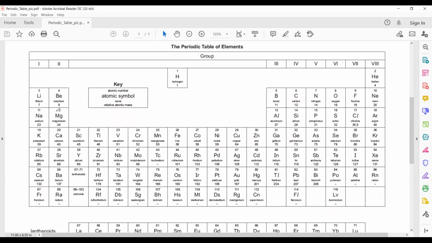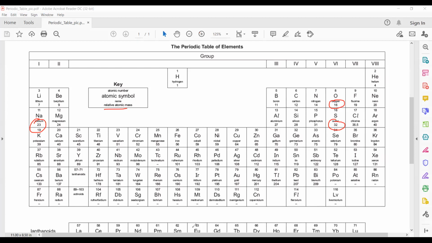When we check sulfur, here is sulfur. What is the mass? The key is given, so atomic mass is given at the bottom. Sulfur is 32, oxygen is 16, and sodium is 23. So we'll divide each percentage by its mass.